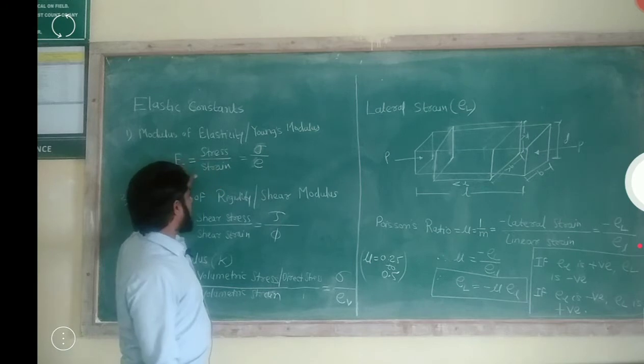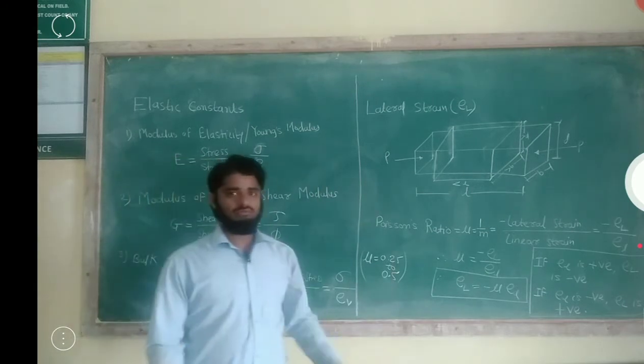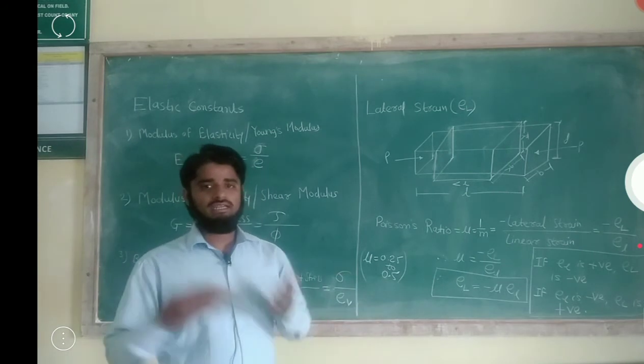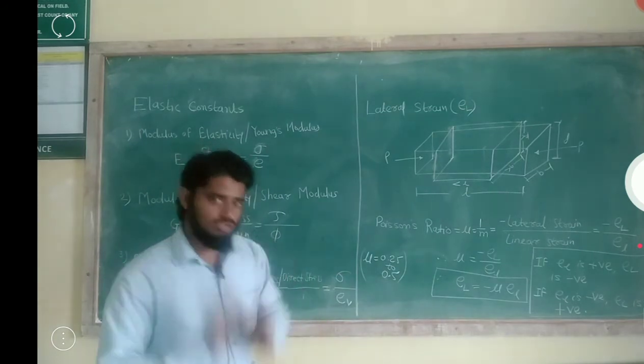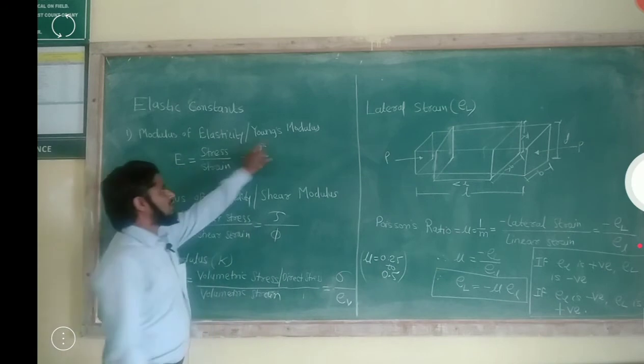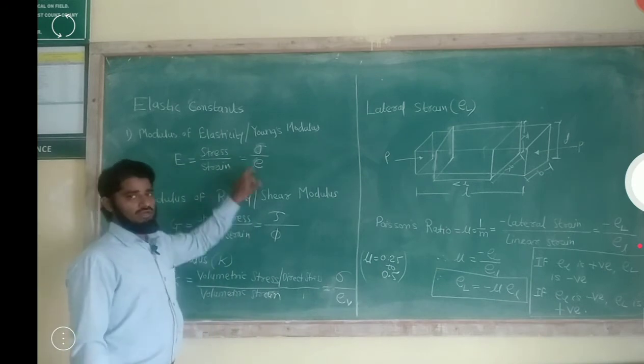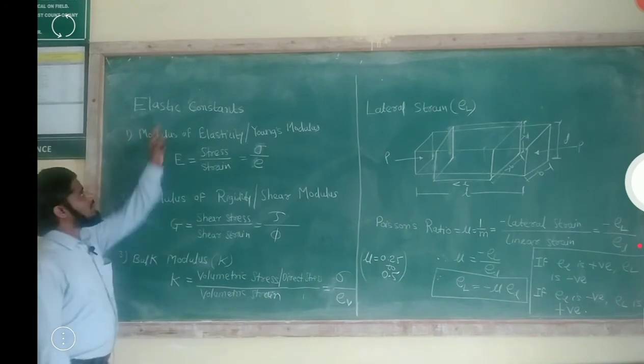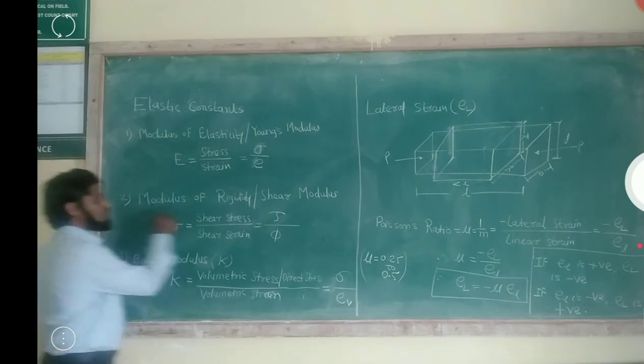It is derived from Hooke's law, because we already know that within the elastic limit the stress is directly proportional to the strain, and that constant we have considered as Young's modulus, sigma upon e.